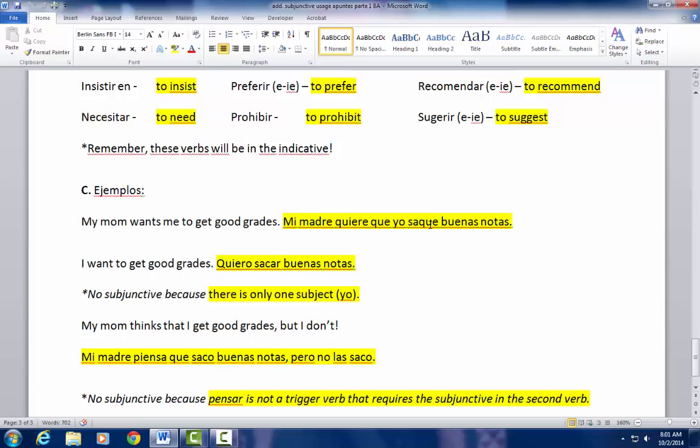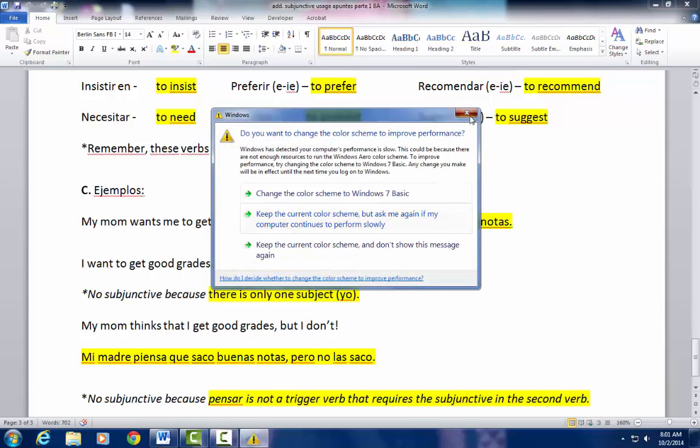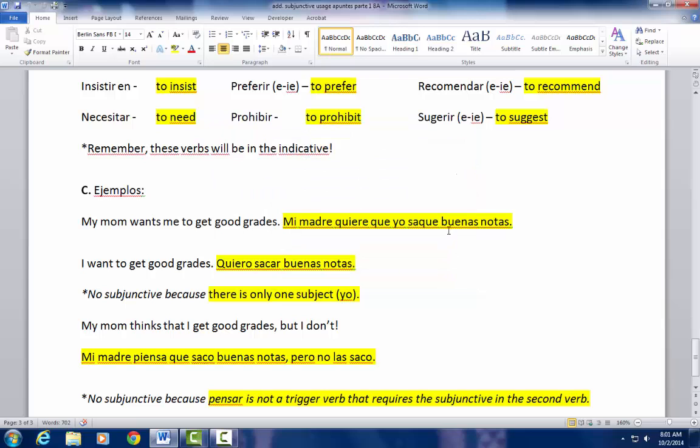That is the verb that's in the subjunctive because it would have been saco, drop the O, opposite vowel, saque. And then the rest of the sentence, buenas notas. This is a subjunctive sentence. All of the components are there. The trigger verb, the formula, the que, the two different subjects. It's a perfect combination.